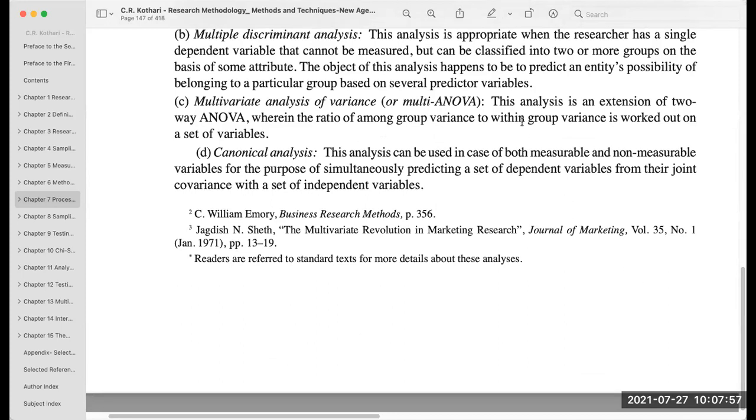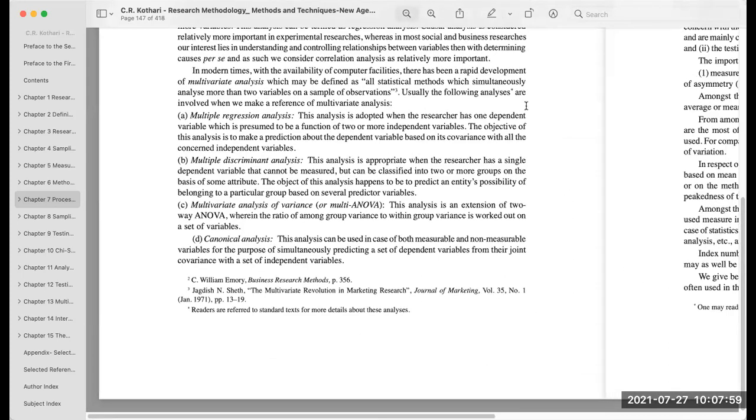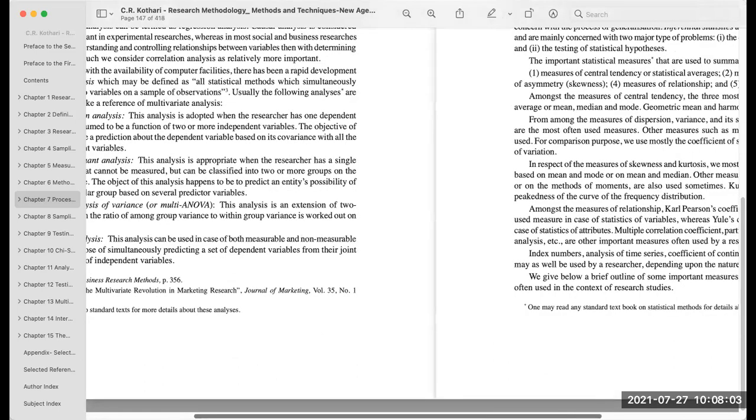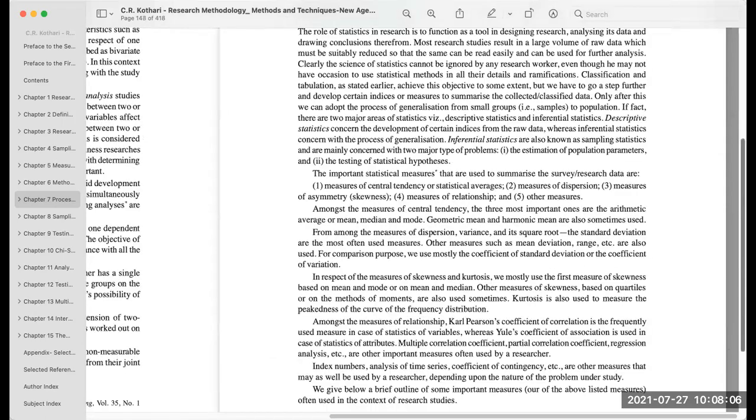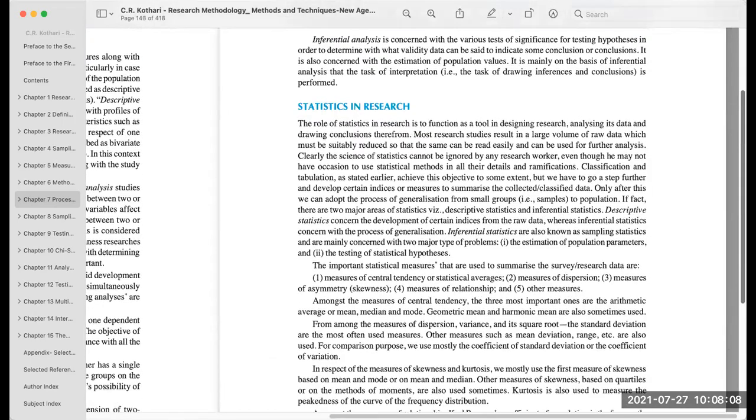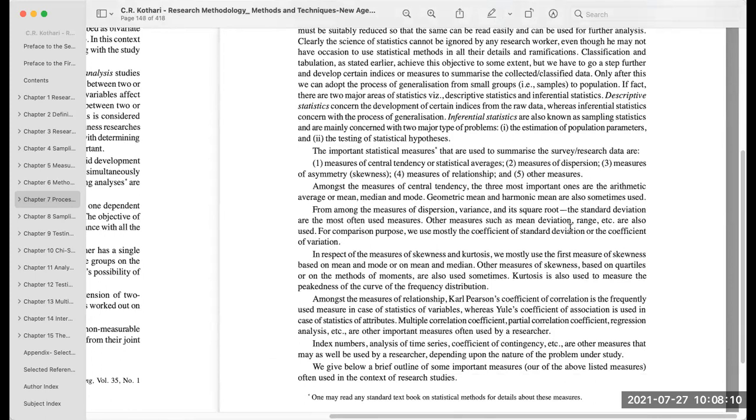Now, coming to the next page, let's say. So the most important measures we are interested in are these. Okay.